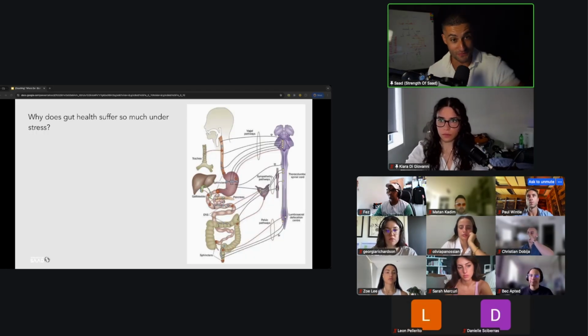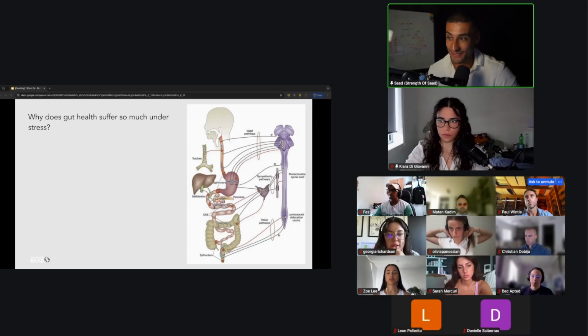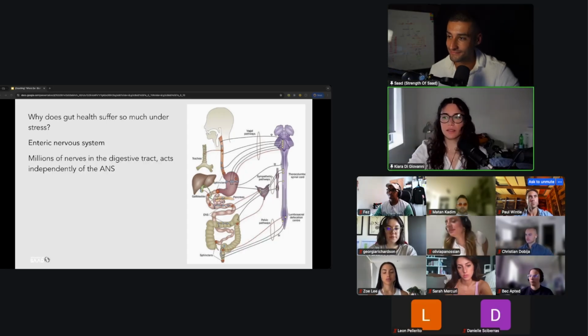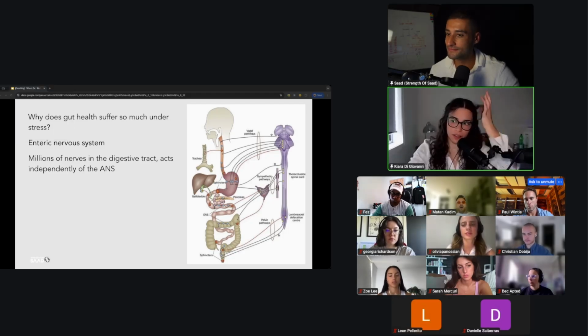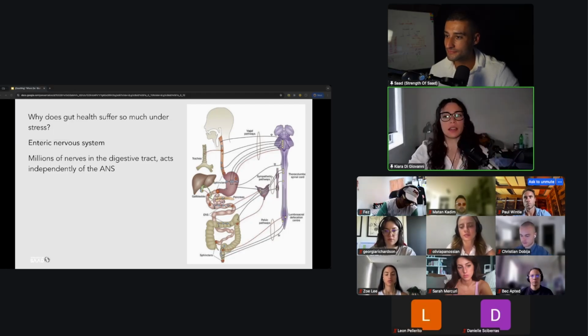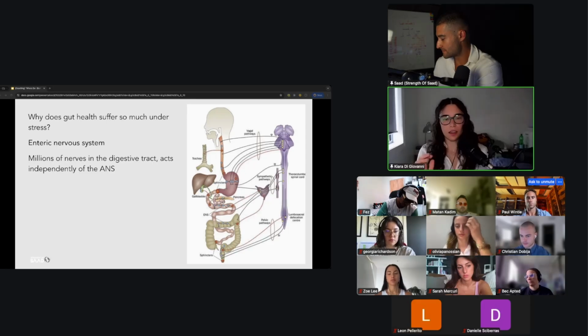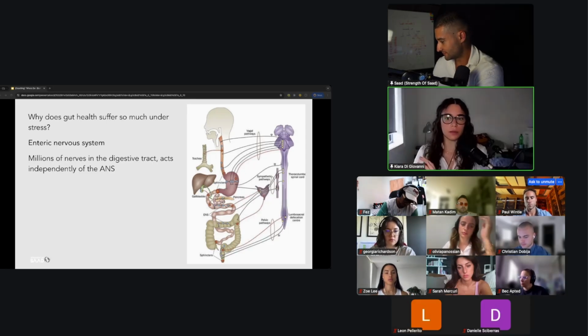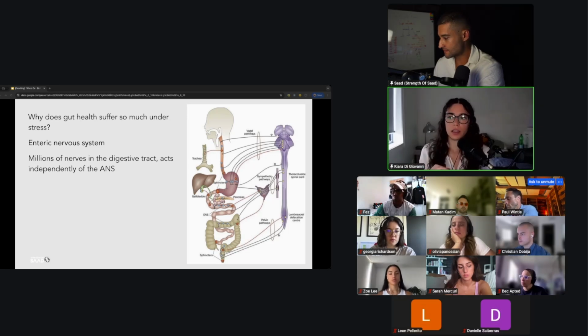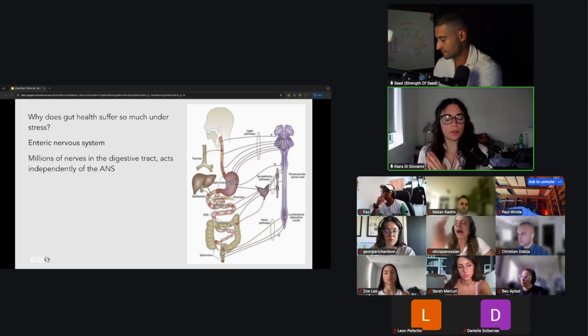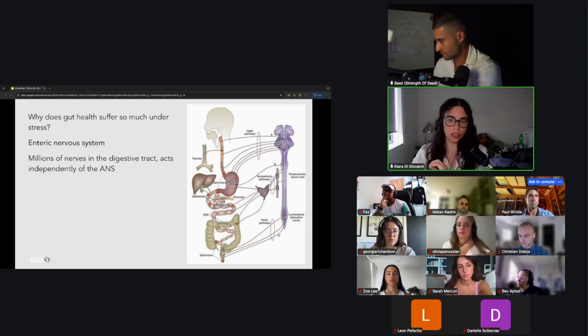And this is something a little bit deeper that is quite cool. We have another part of our nervous system called the enteric nervous system too. It basically acts on its own, away from the autonomic nervous system. This is the part of your nervous system that's present along your whole digestive tract.